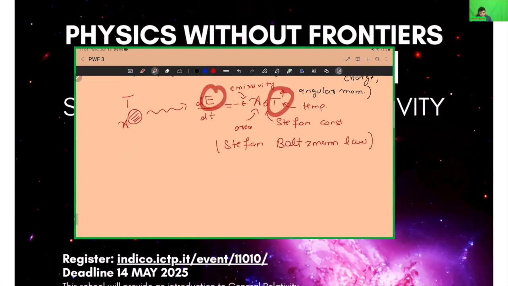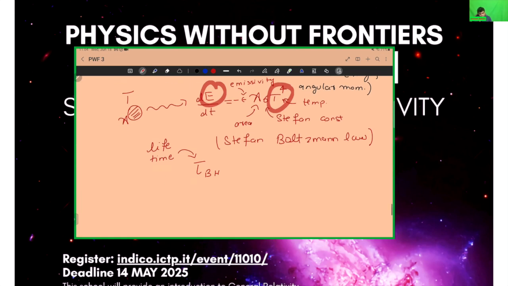So it's not that difficult to show the lifetime of the black hole. So tau is the lifetime. You can do this calculation pretty simply because it's just a simple differential equation. So I'm not going to do it. Let me know if there is some problem that you face while doing this calculation in the next lecture.